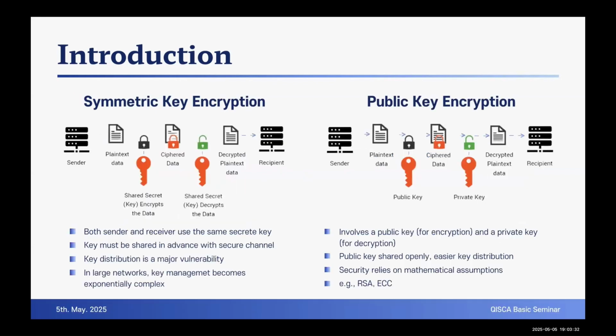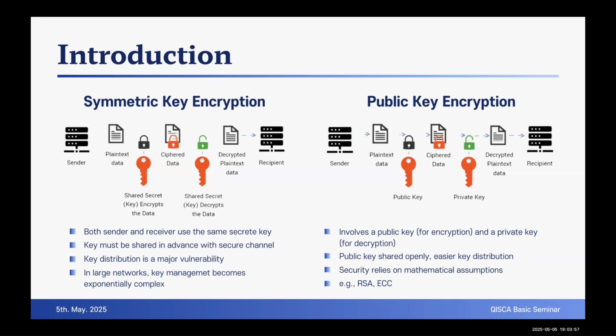There are mainly two types of key distribution, symmetric and asymmetric. In symmetric distribution, both parties share the same secret key in advance. In contrast, public key distribution uses a pair of public and private keys. It allows anyone to encrypt a message using the public key, but only the holder of the private key can decrypt it.